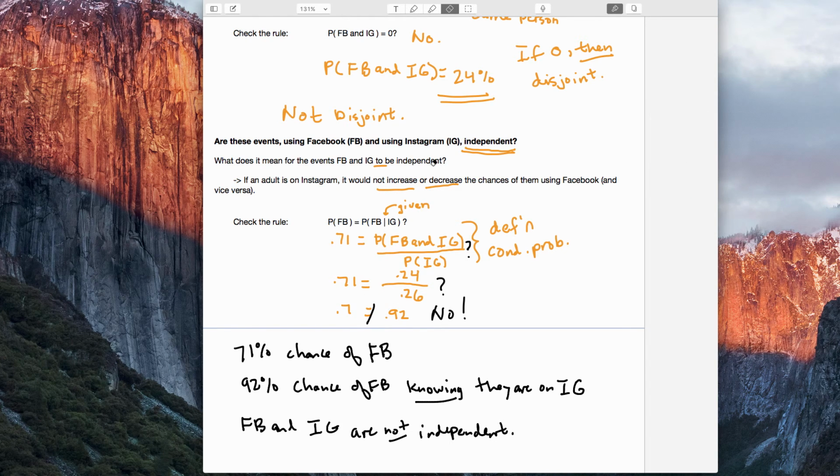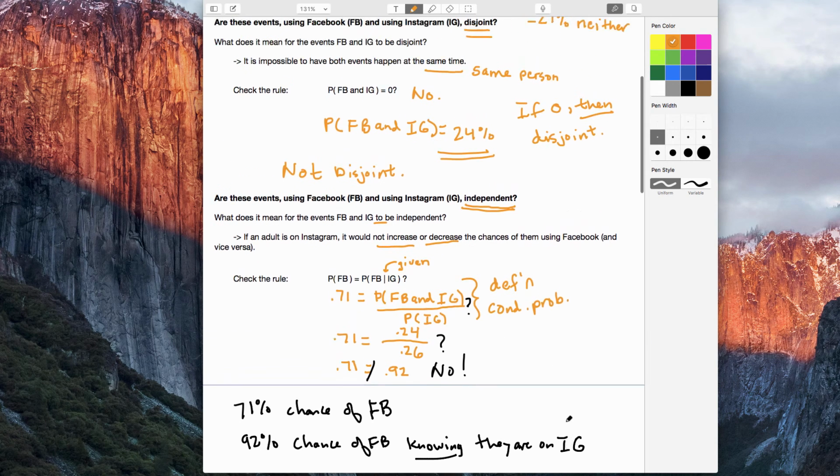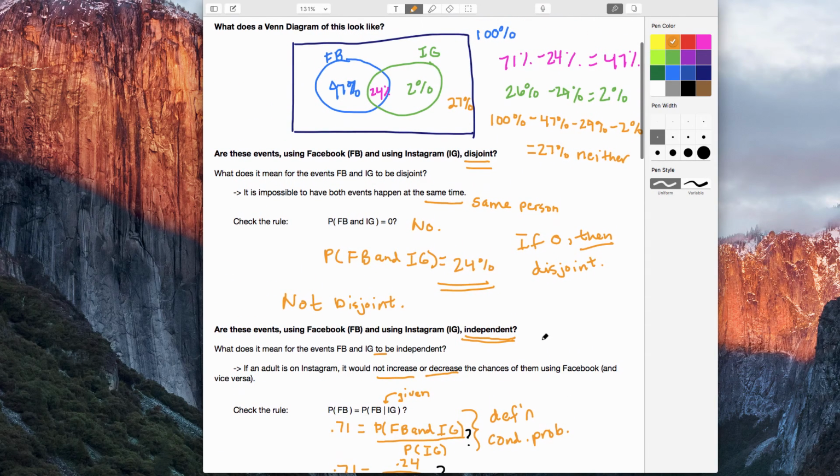If we know a little bit of extra information about someone, does it change the probability of some other event happening? Yes, in this case it did. Disjoint events are all about events happening at the same time. Can you have two different qualities in the same person at the same time? Yes, you want to look for the and probability and see if it equals 0.